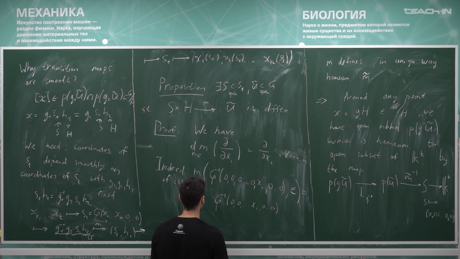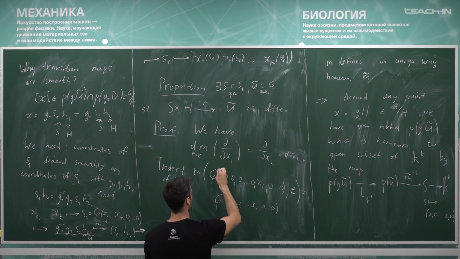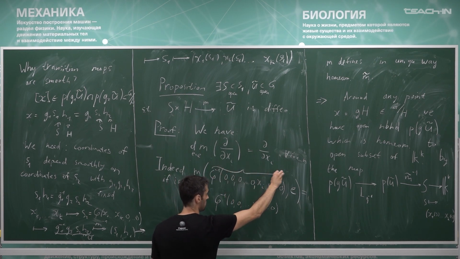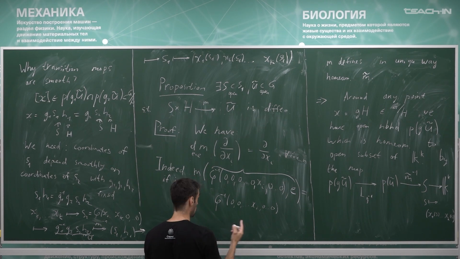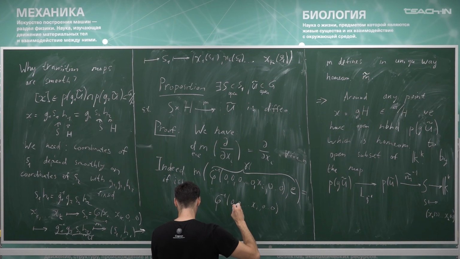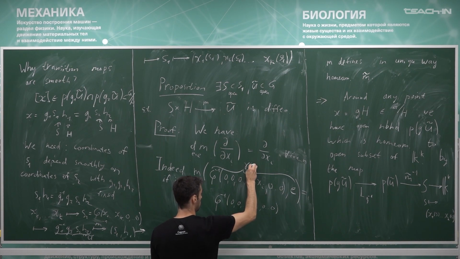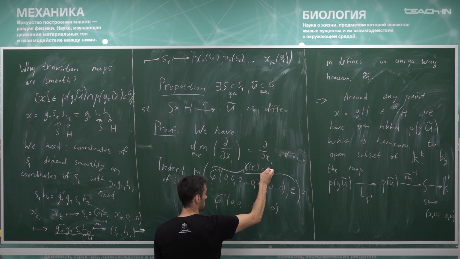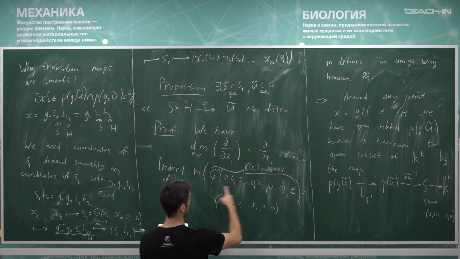And so what I have, if xi runs over all real numbers, is some curve, let's call it gamma 1 of xi, inside S times H. So this is a pair.